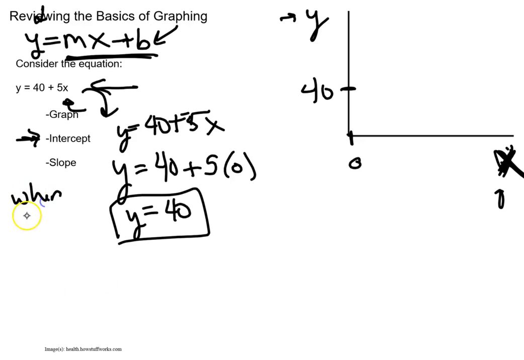When x was set equal to 0, y took on a value of 40. That's what this point on the graph represents. X, the thing that I'm measuring horizontally, is at 0, and y, the thing that I'm measuring vertically, is taking on a value of 40. That's the point that corresponds to what I call the vertical intercept.